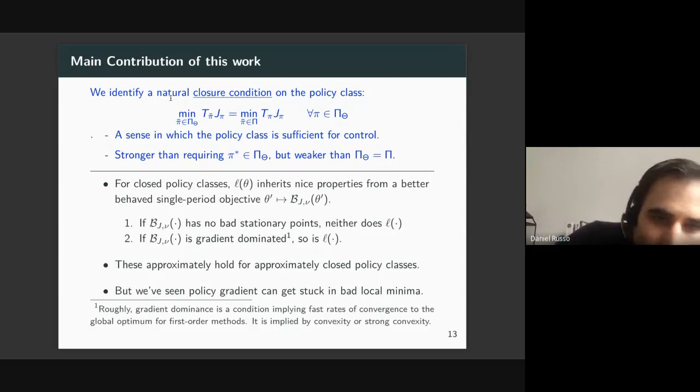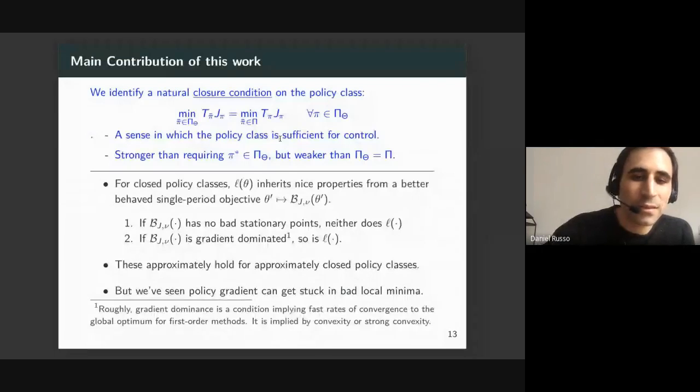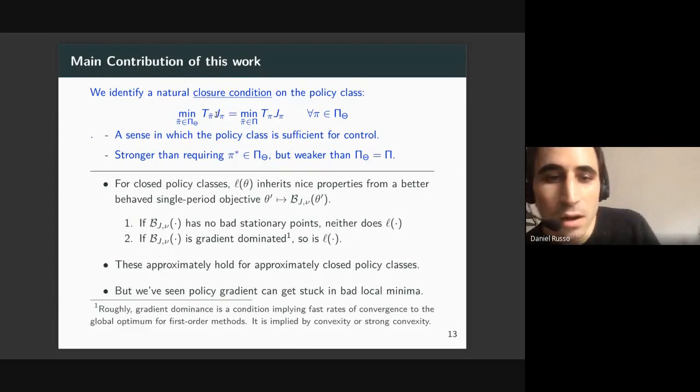The special structure in some of the examples before is that in a strong sense, the set of parameterized policies is really sufficient for control, in that the one period problems induced by considering a Bellman update can be solved within the parameterized policy class.